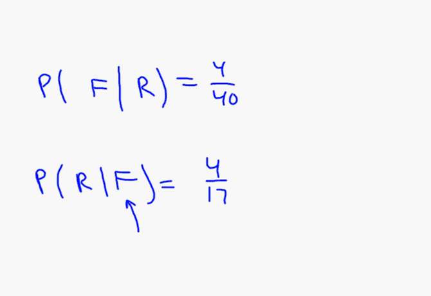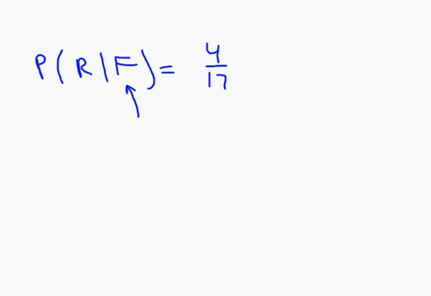Okay. Notice how when I switch the conditional probability around, if I ask it in the opposite order, I don't get the same answer. You should not expect that. You should not expect them to be the same. Generally, they're different. Okay. Now, if you were to look in a common stat textbook and you looked for a definition or a formula for conditional probability, you would see something like this.